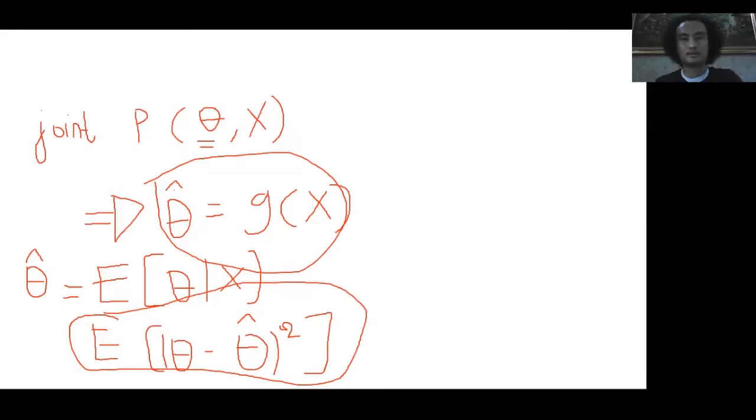So let me clarify again. We can also express this in integral form. Basically the expectation of theta with the condition of x, we can express it as an integral such as like this.